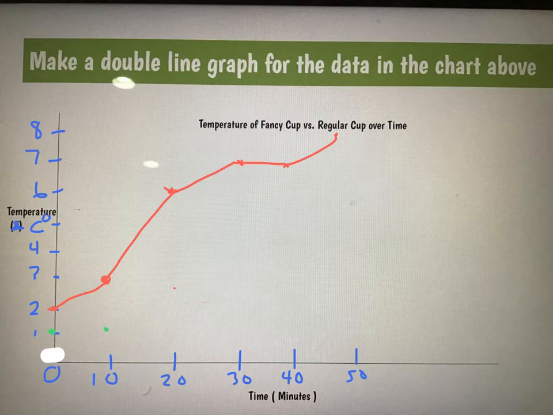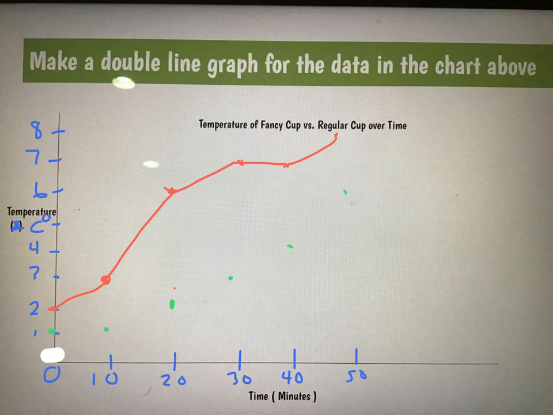Let's say at 20 minutes, it was 2 degrees Celsius. And then at 30 minutes, let's say it was 3 degrees Celsius. And at 40 minutes, it was 4 degrees Celsius. And at 50 minutes, let's say it jumped up to 6 degrees Celsius.